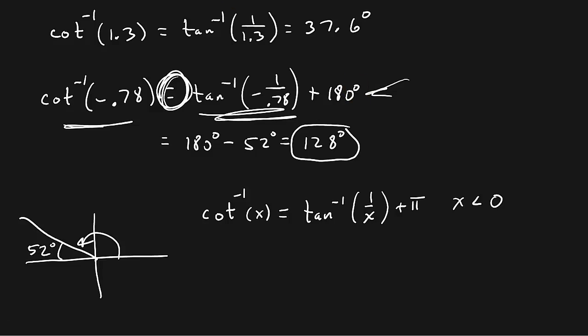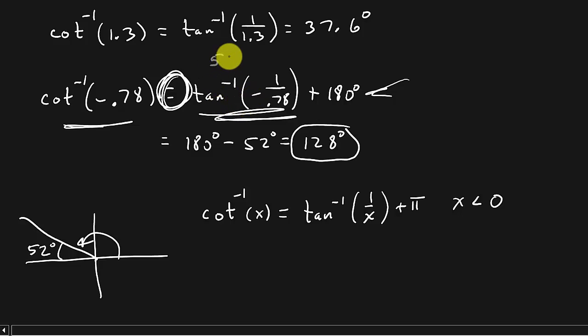And so if I do the inverse tangent of this, that gives me 52 degrees plus the 180. Well, I'm sorry, negative 52, because if I punch the inverse tangent of negative 1 over 0.78 into my calculator, that's going to give me negative 52 degrees plus the 180, which is going to give me my 128 degrees. All right?